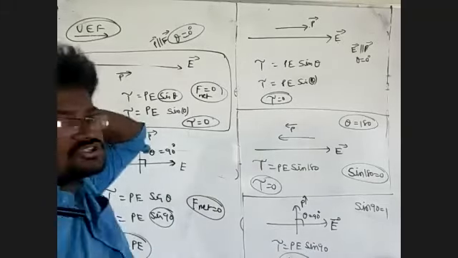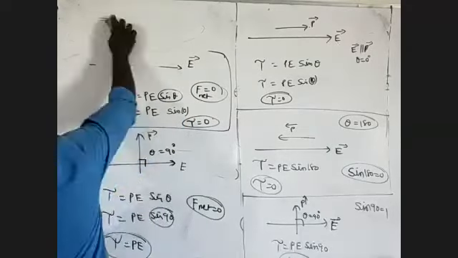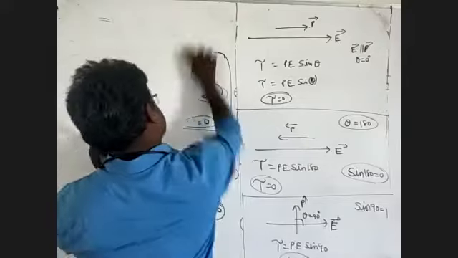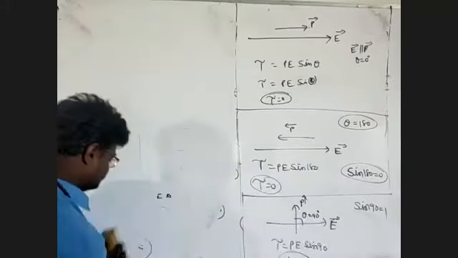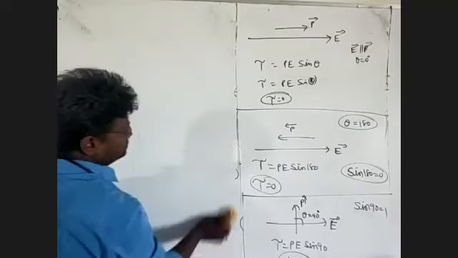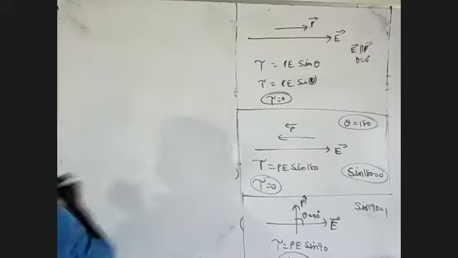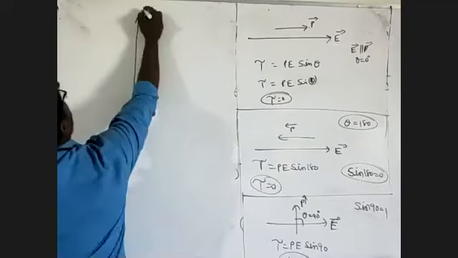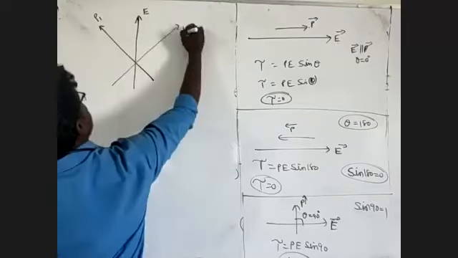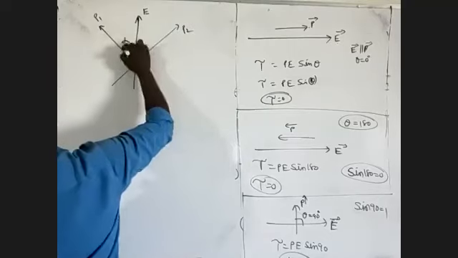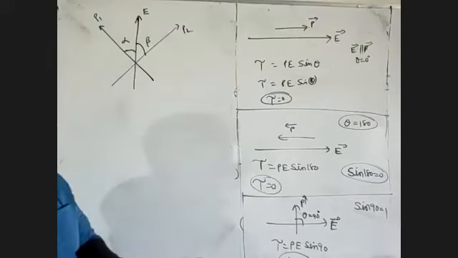Now next application. This is E, this is dipole moment P1, and this is P2. Here the angle is alpha and here the angle is beta.